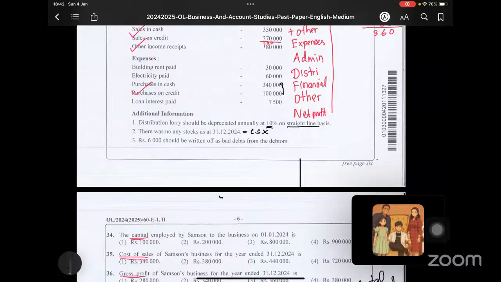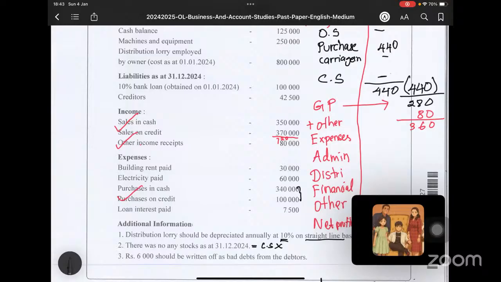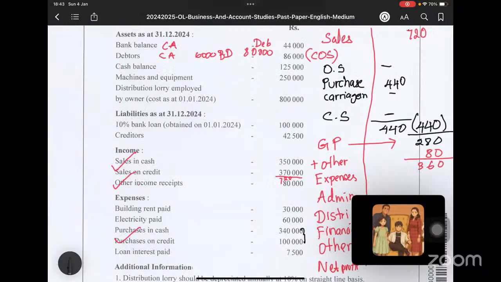Okay. So yesterday I've taken sales 720,000. And cost of sales, opening stocks, there were no opening stocks. Purchase 440. How did 440 come? Both the cash and credit purchases. And there's no carriage inwards and any other expenses related to purchase. And they told in the adjustment there was no cost of sales.